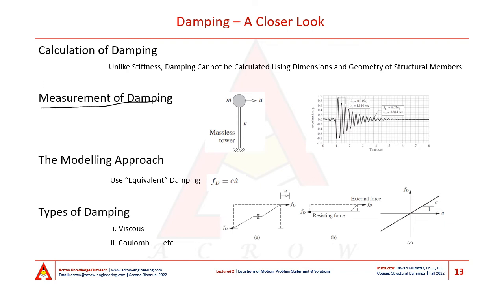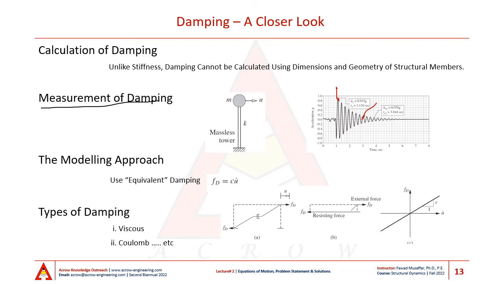Damping can, however, be measured. If we have a structure and we want to measure its damping, that can be done. And this is done by causing free vibration of the structure. Once the structure is freely vibrating, we measure the response of the structure at different times at its peak, and then we can correlate the response of the structure at these two different peaks to get the damping of the structure.